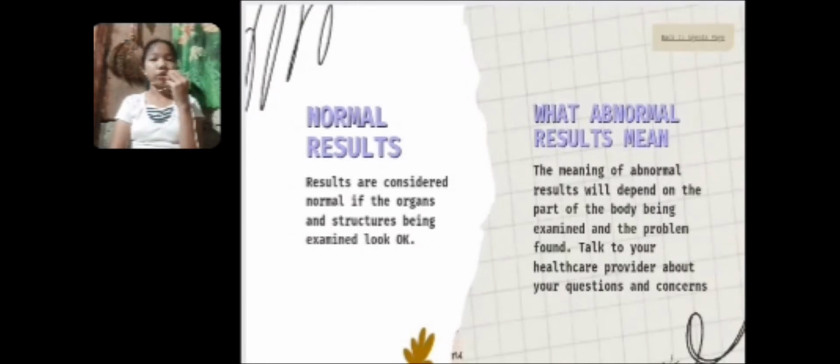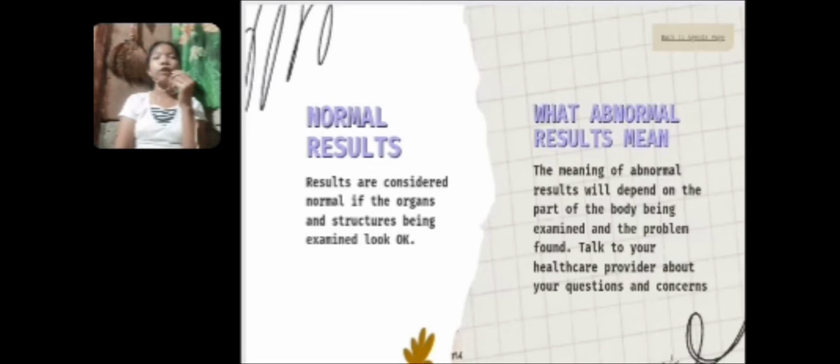Results are considered normal if the organs and structures being examined look okay. So you will know the result is normal when you don't see anything bad or unnecessary in the organs and structures. So, the result will be normal. Then, what does an abnormal result mean? The meaning of an abnormal result will depend on the part of the body being examined and the problem found.